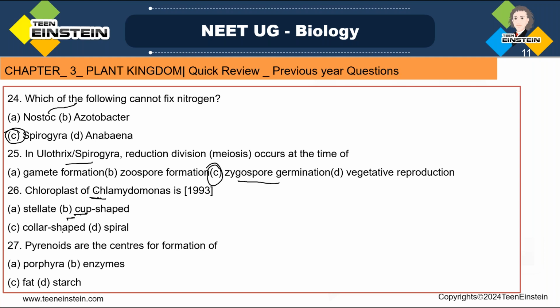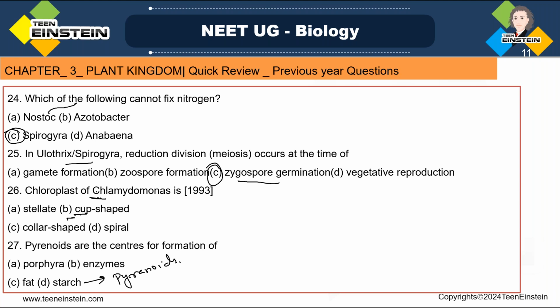Next, question number 27. Pyrenoids are the centers for the formation of: option A, Porphyra; B, enzymes; option C, fat; option D, starch. So pyrenoids are the centers for the formation of starch.